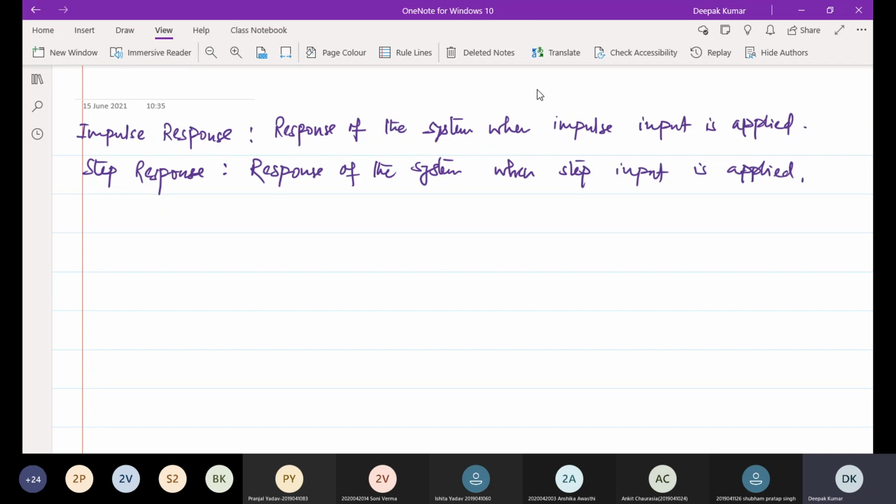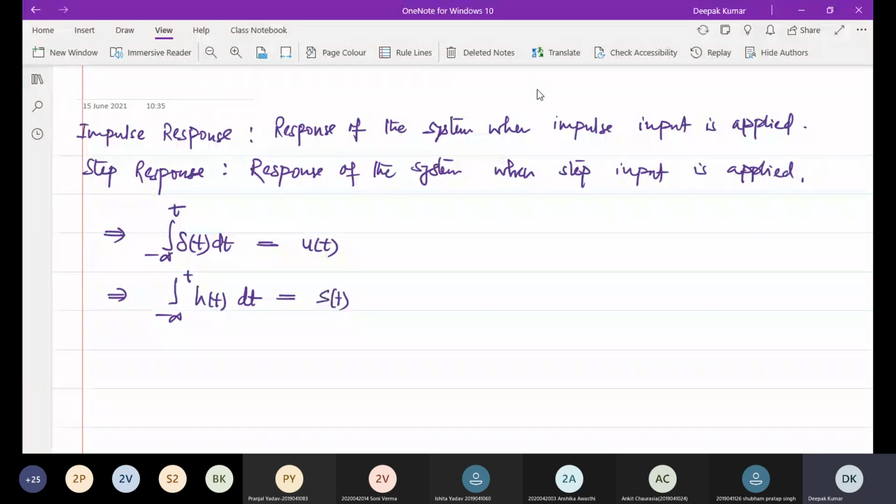And as you know, there is a relationship between step and impulse. Similarly, the responses are also related. The step response is the integration of the impulse response.